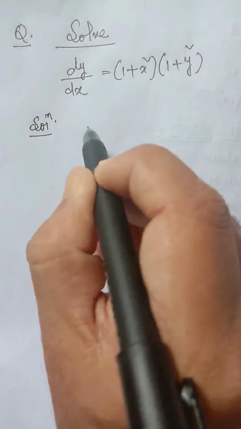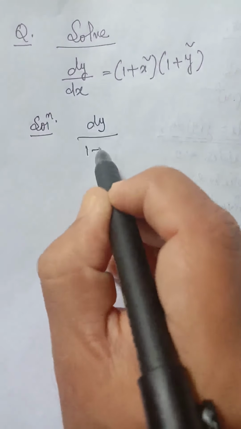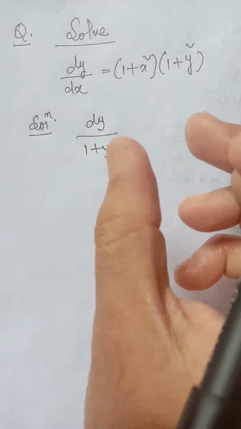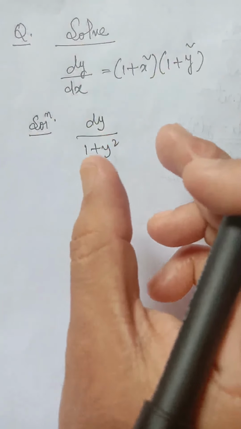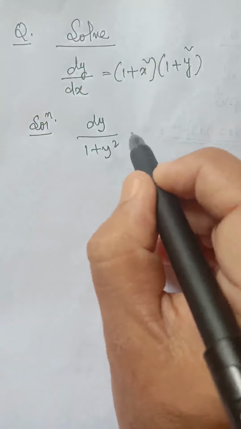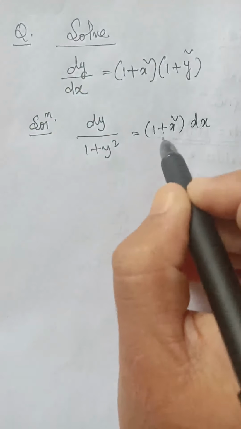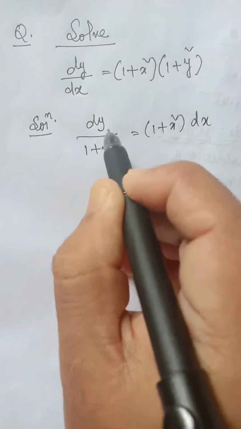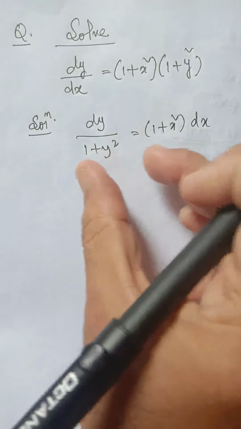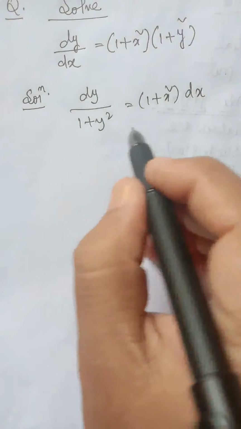So you can see dy/(1 + y²), that means we are trying to express this equation in the form f(x) dx equal to g(y) dy. So dy/(1 + y²) equal to (1 + x²) dx. So with dx, here we have only the term containing x, and with dy we have only the term containing y. That means we can separate the variables. So this is of the form f(x) dx equal to g(y) dy.